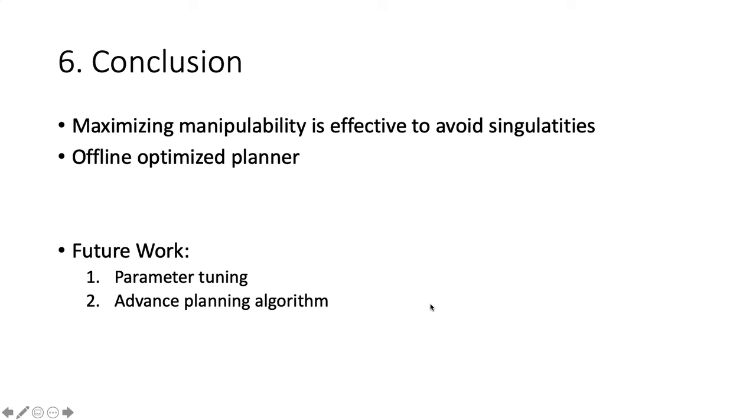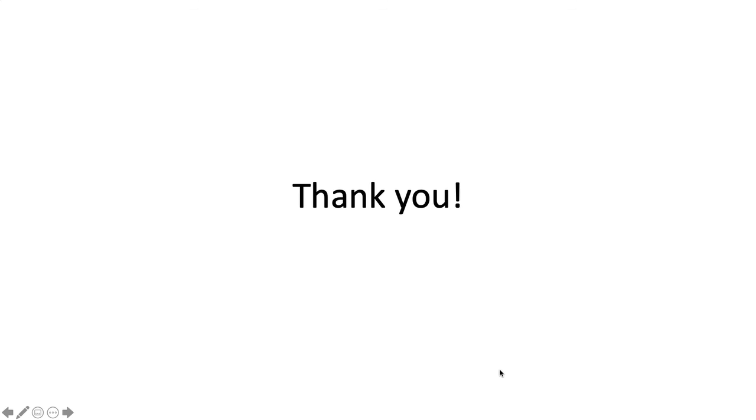My parameter tuning and selection in this work were very rough due to the lack of time, and they could be replaced with advanced machine learning methods. And the planning algorithm could also be advanced by adding new features. That's the end of my presentation, and thank you very much.